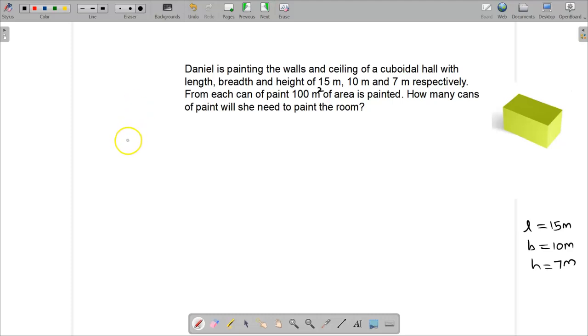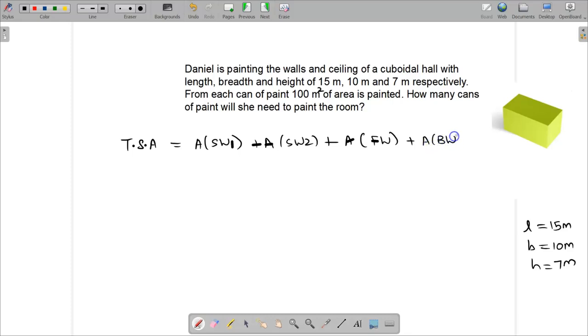So the total surface area in this problem is given by considering the 4 walls of a cuboid. What are the 4 outer walls? It is the area of side wall 1, area of side wall 2, and the area of the front face, that is the front wall, and the area of the back wall.